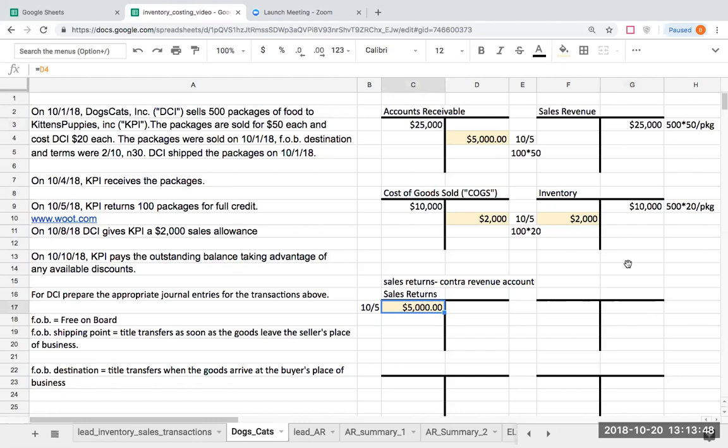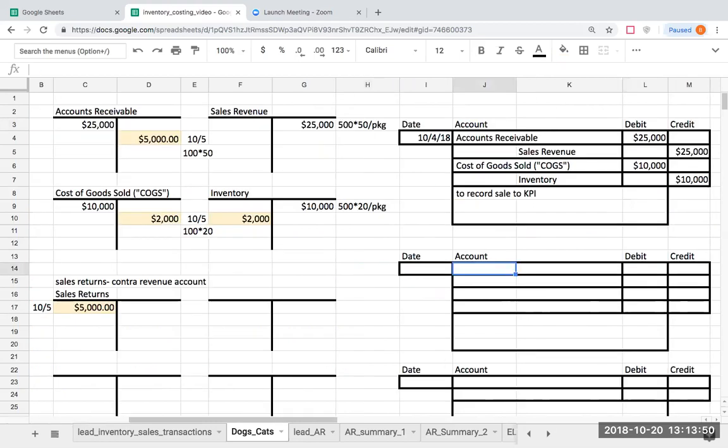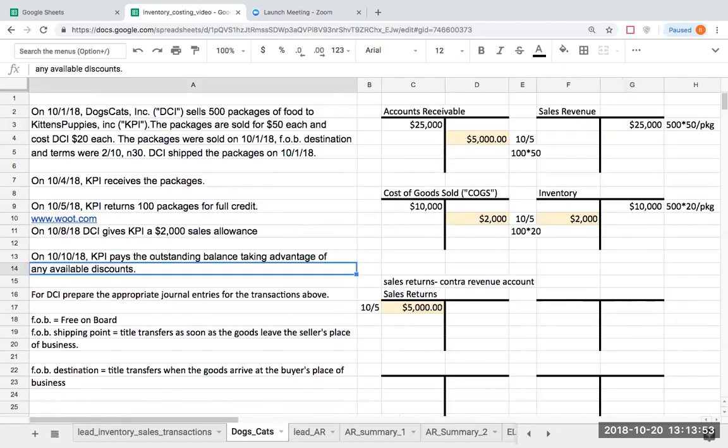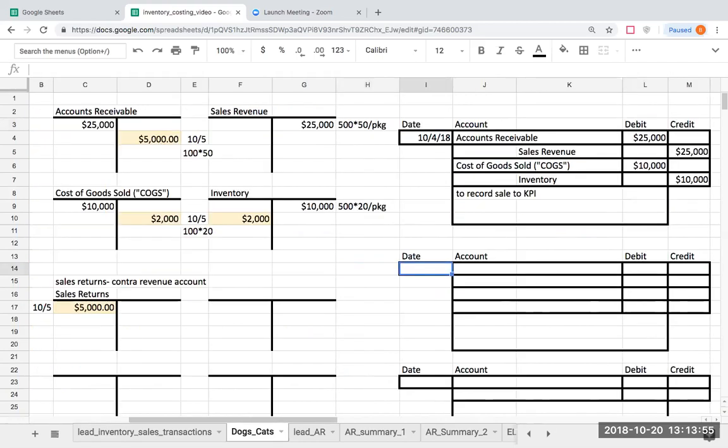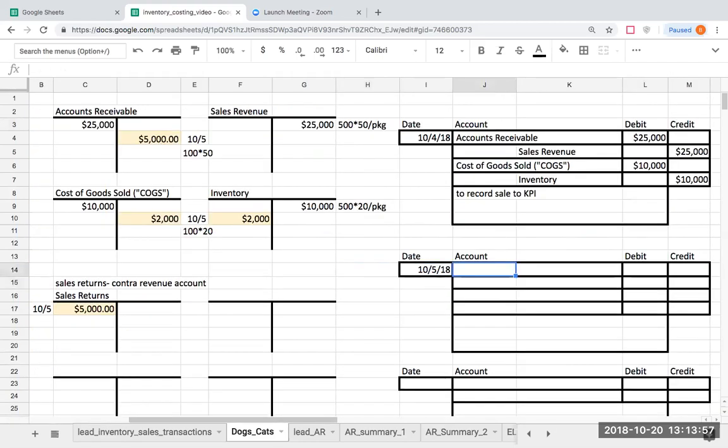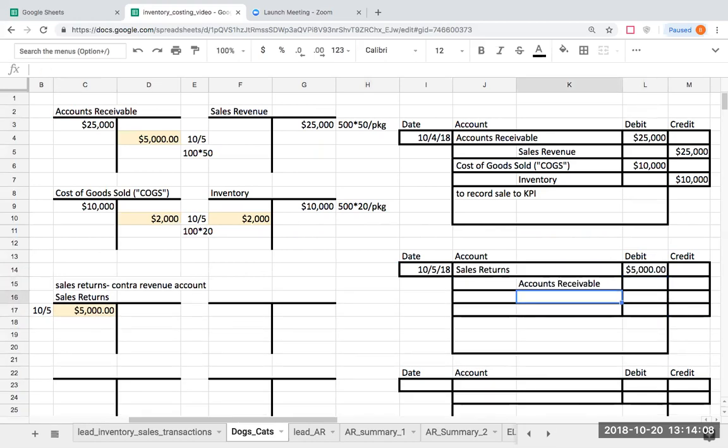So I now need to go through here and do a journal entry. So the sales return happened on October 5th. So here I debited sales returns for 5,000. I credited accounts receivable for 5,000.